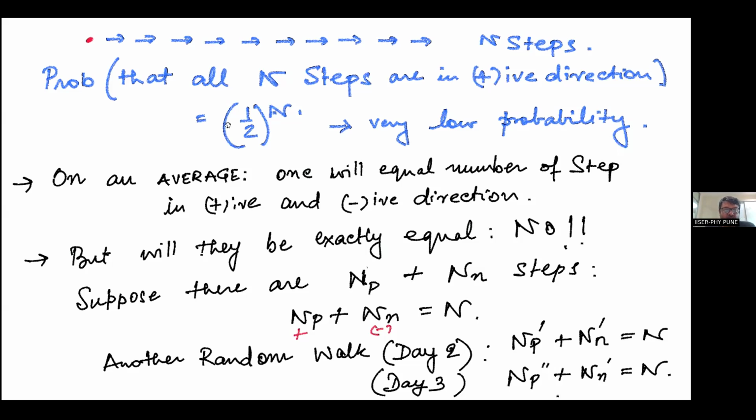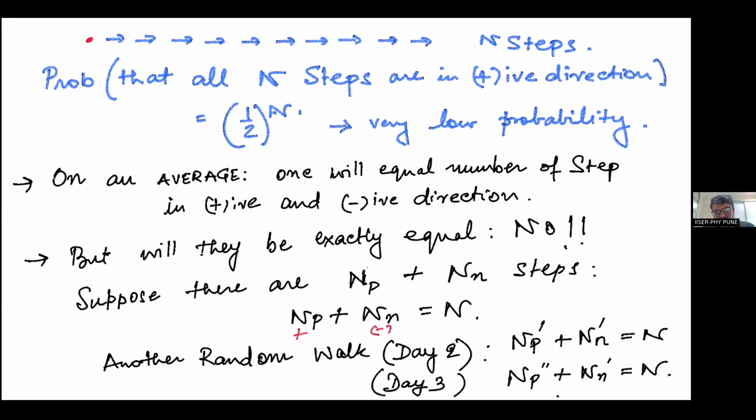Now, on an average, if n is large, you would expect that one will take an equal number of steps in the positive and the negative direction. But will they be exactly equal? Unlikely. It's a random process, right? So if you flip a coin 100 times, are you always going to get 50 heads and 50 tails?